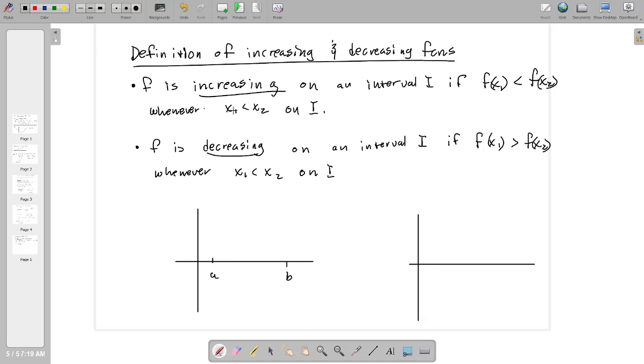Now whenever x1 is less than x2, so let's go ahead and plot that, x1 and x2, both of them on the interval I, then our function is increasing if the corresponding y value, f of x1, is also less than the corresponding y value of x2, which is f of x2.